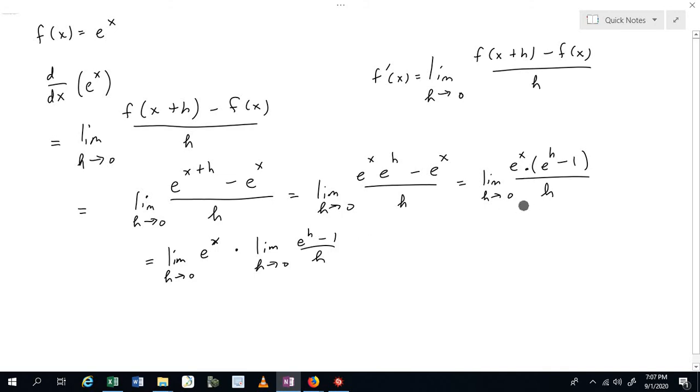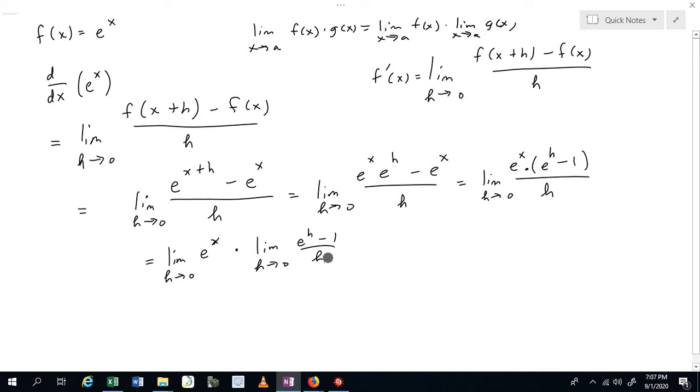Since this is multiplication, there's a property of limits that says the limit of f of x times g of x is the same as the limit of f of x times the limit of g of x. So we're just using that property here. We can break up the limit across multiplication.